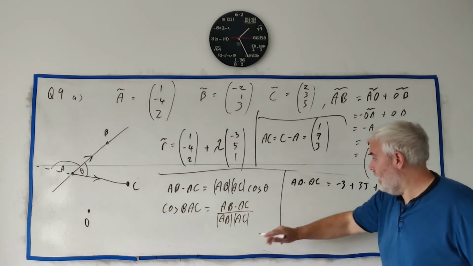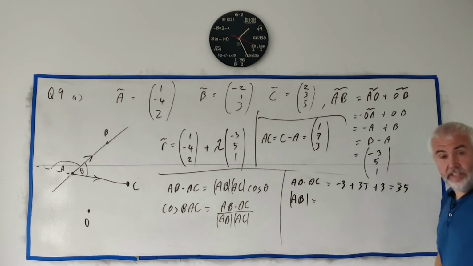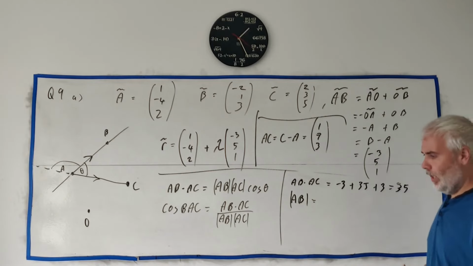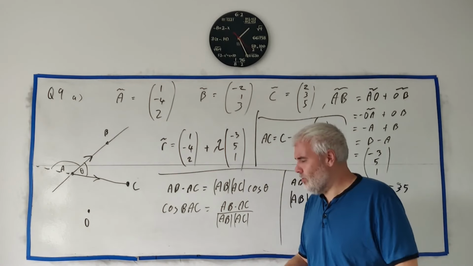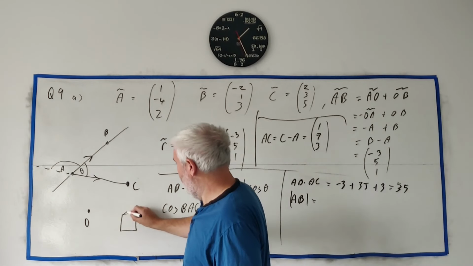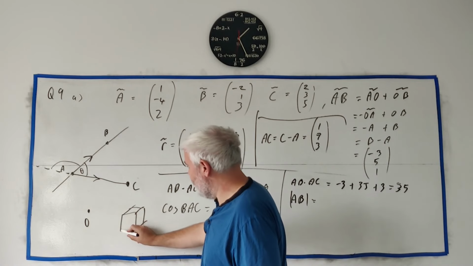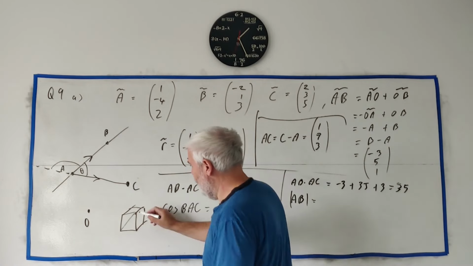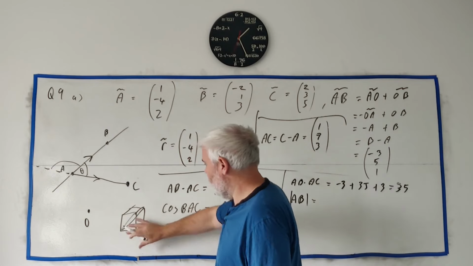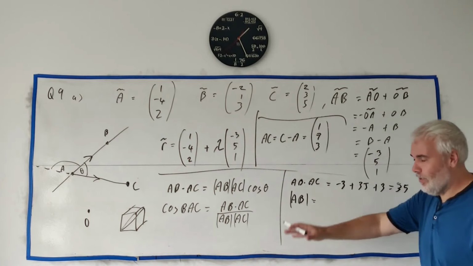And next we need the length of AB. That's easy enough to do as well. You could draw out the whole picture and prove to yourself why it is, and we need a three-dimensional object and all. But it's just Pythagoras' theorem at this diagonal, and then Pythagoras' theorem across the other diagonal. Long story short, I'm sure your teacher went through why it is.